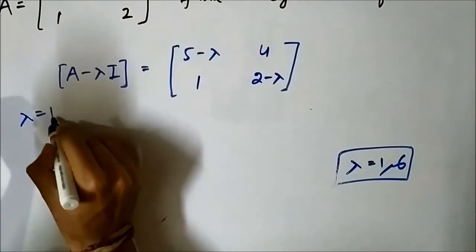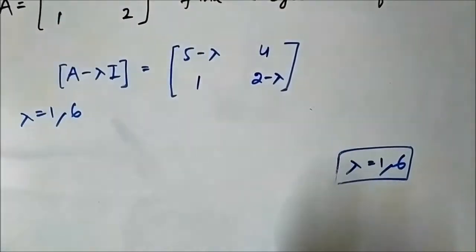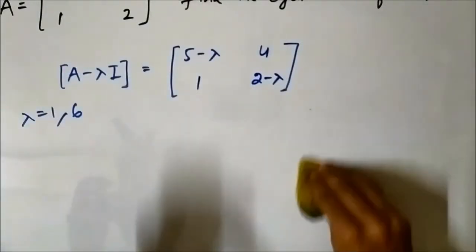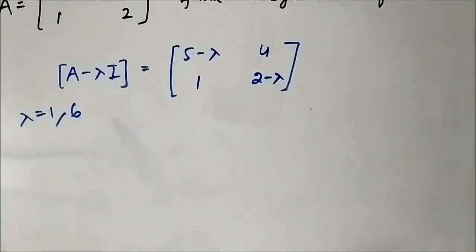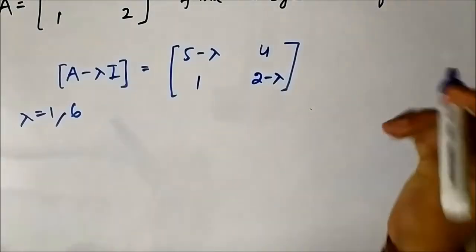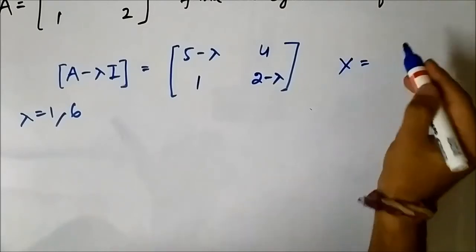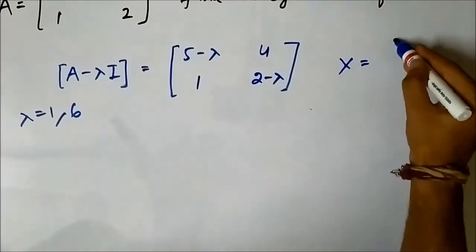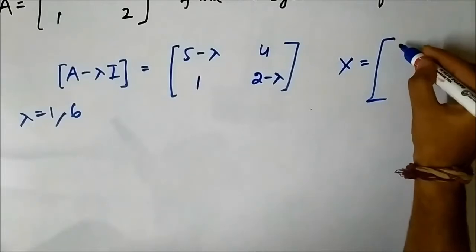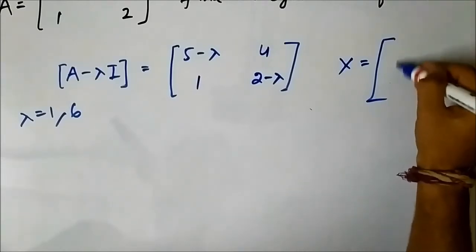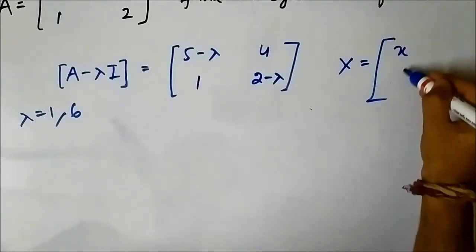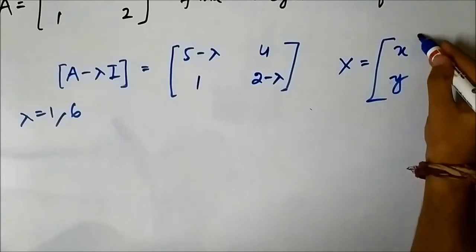Lambda is 1, 6. So for the determination of the eigenvector, let us first assign a column vector which is the prospective eigenvector, and let us name the two elements of the eigenvector as x and y.